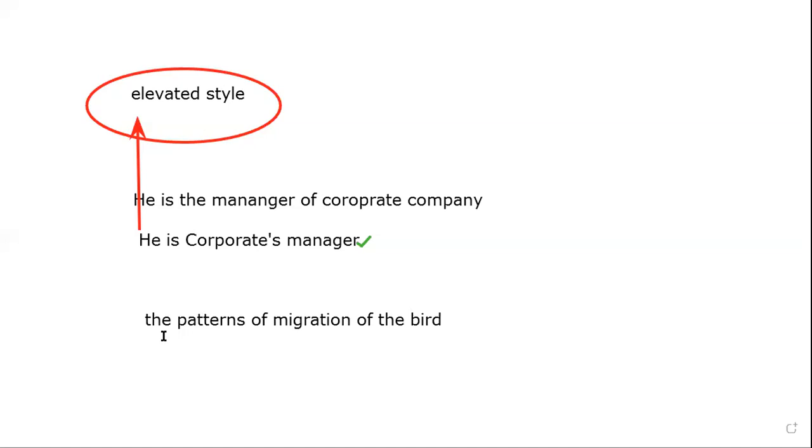The second sentence: the patterns of migration of the bird. Can I write it in an elevated style? The bird's migration pattern of migration.